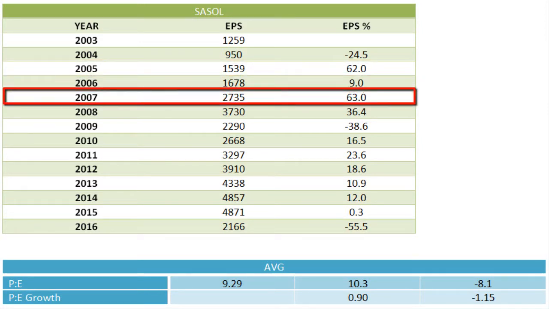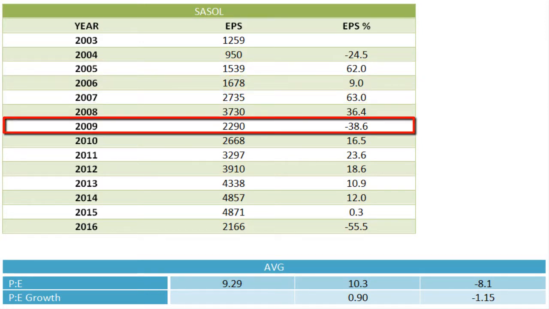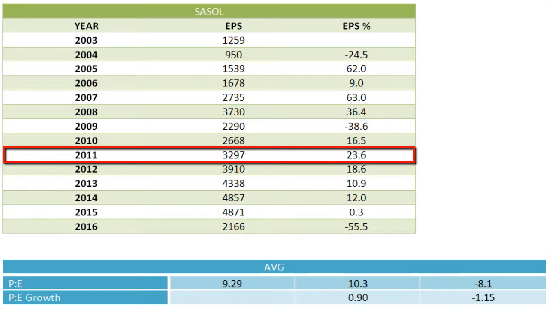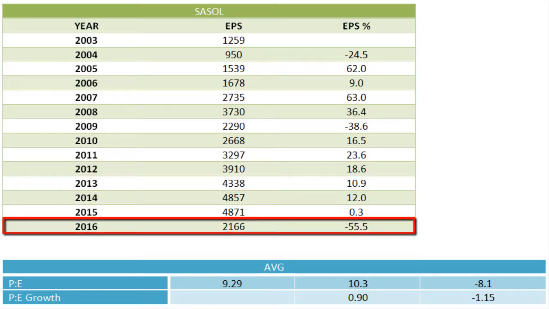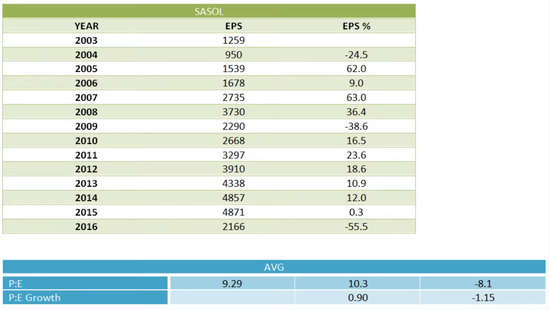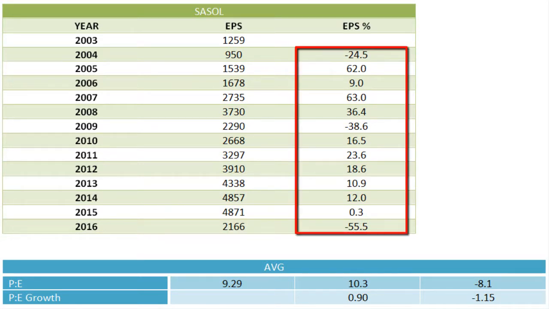And so we go on year by year calculating the earnings per share growth, or percentage growth from year to year, in the earnings per share. And then at the bottom here, I have calculated an average of those figures. So we've added them all up and divided by 13. Obviously there are 13 years that we can use because the first year we can't use. So that gave us an average of 10.3%.